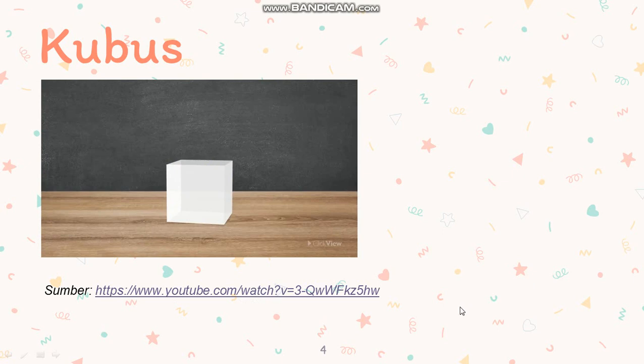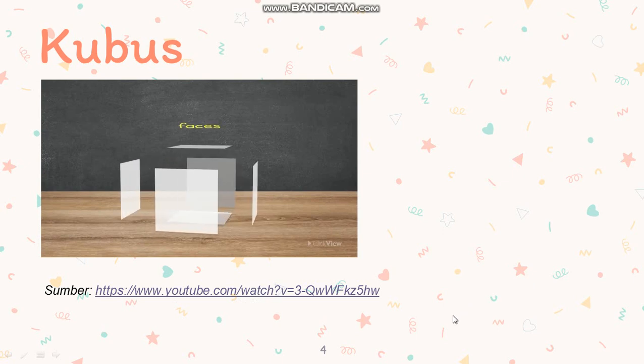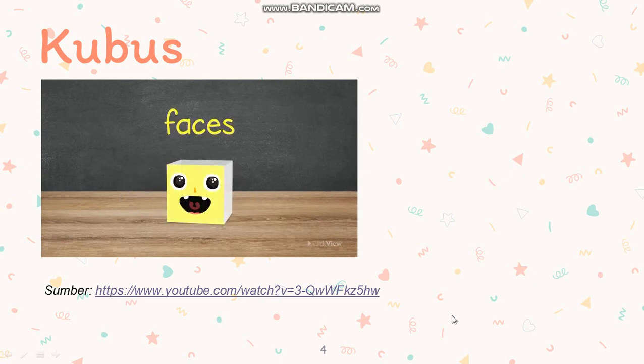The flat surfaces of a shape are called faces. No, not that type of face. The edge of a 3D shape is the line where two of its surfaces meet. And the corner is where two or more edges meet.